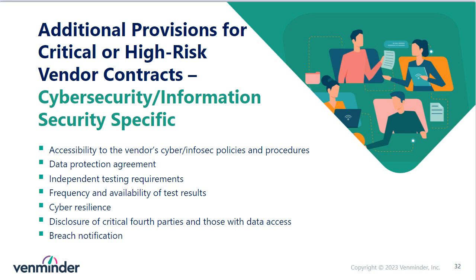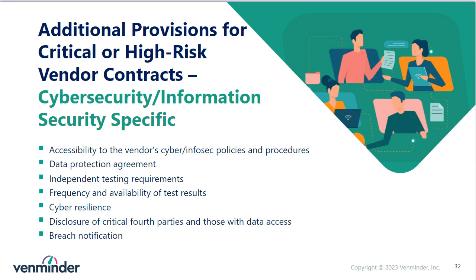There might be a specific data protection agreement, or their own testing versus independent testing detailing. You might require a third party to come in and do penetration testing, coming out of a poor previous penetration test that you found in due diligence. You might detail the frequency and the scope and the depth and the breadth of all these tests. It can all be contractually set up for them to be obligated to.